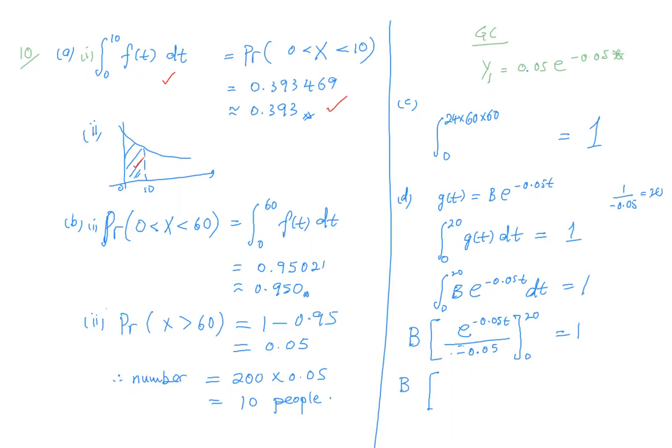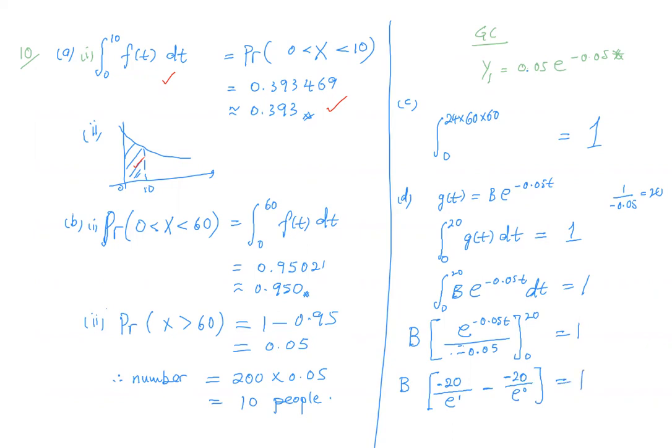You get 20, so can I just write this as negative 20 over, because this is negative. So e to the power of 0.05 times 20, what do you get? You get 1. Take away negative 20, e to the power of 0, equal to 1. Like that, you work out your b.